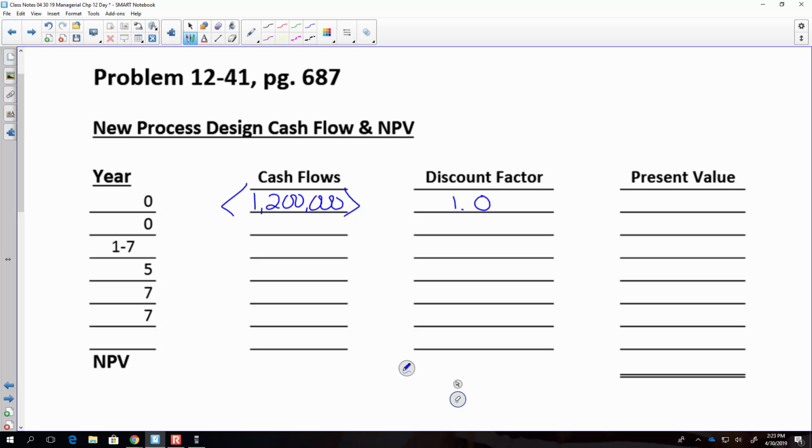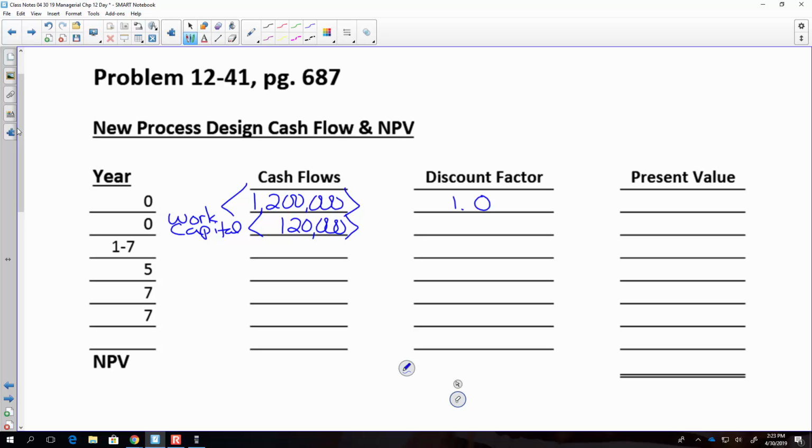Obviously, that's a discount factor of 1. But I have another line here in year 0 for working capital of 120. So we're also spending that amount of money in year 0. So we actually have two amounts that we're spending, the initial cost plus the working capital.